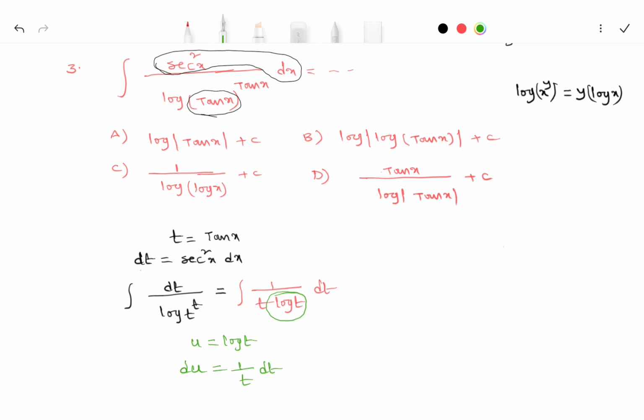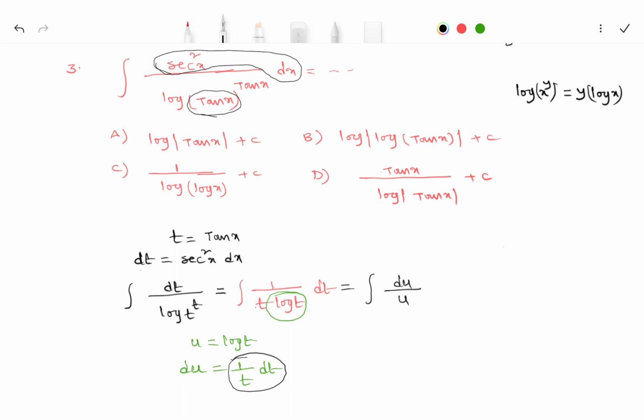So substitute this part in the above function: 1 by t into dt will be du. So it becomes the integration of du divided by u.